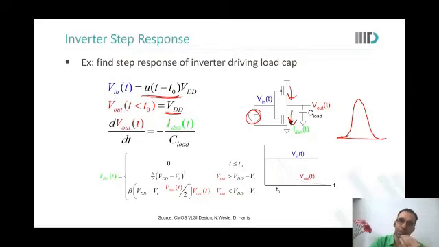So I'm asking about the current curve. Maybe the curve will be wider because there will be more charge stored in the C load. So the I versus T graph will be wider rather than a peak.